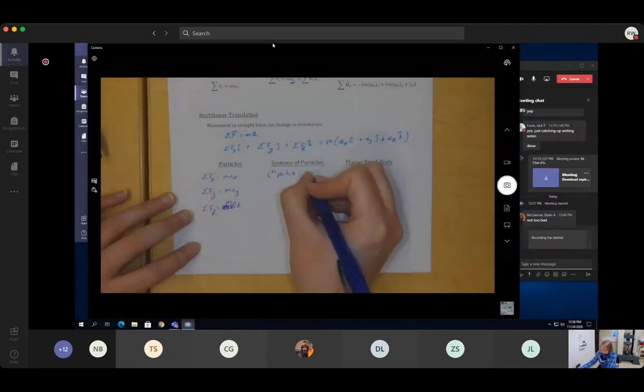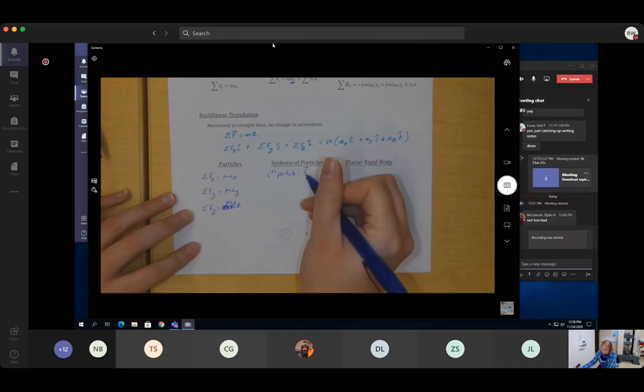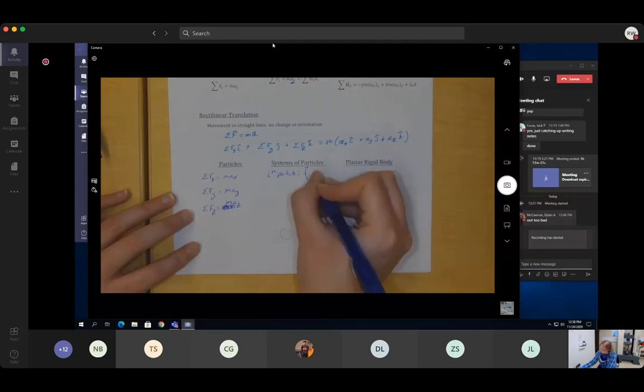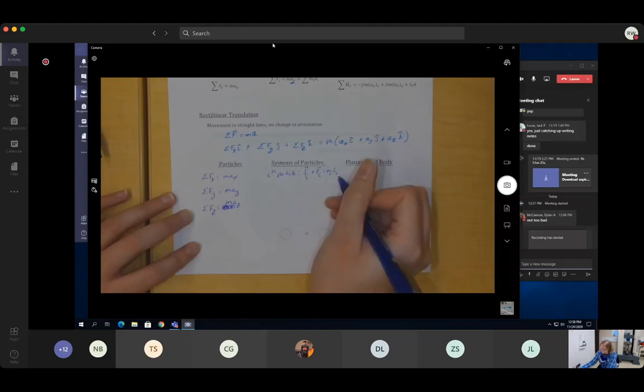And we'll have some internal forces acting on each particle, and we'll have some external forces acting on each particle, and that will give us the mass times acceleration of each individual particle.